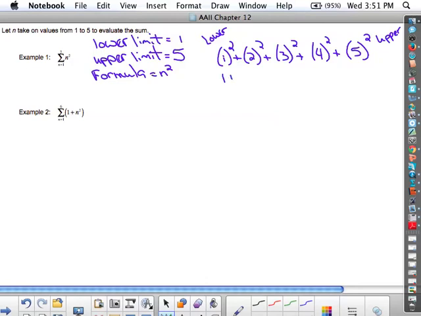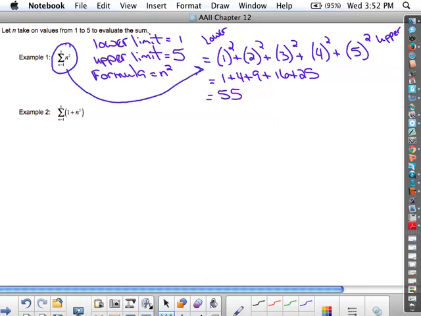So I get 1 plus 4 plus 9 plus 16 plus 25, which equals then 55. So that's all this notation means, is that you can generate this list of numbers and then sum them to come up with the sum starting from 1 to 5 of that sequence.